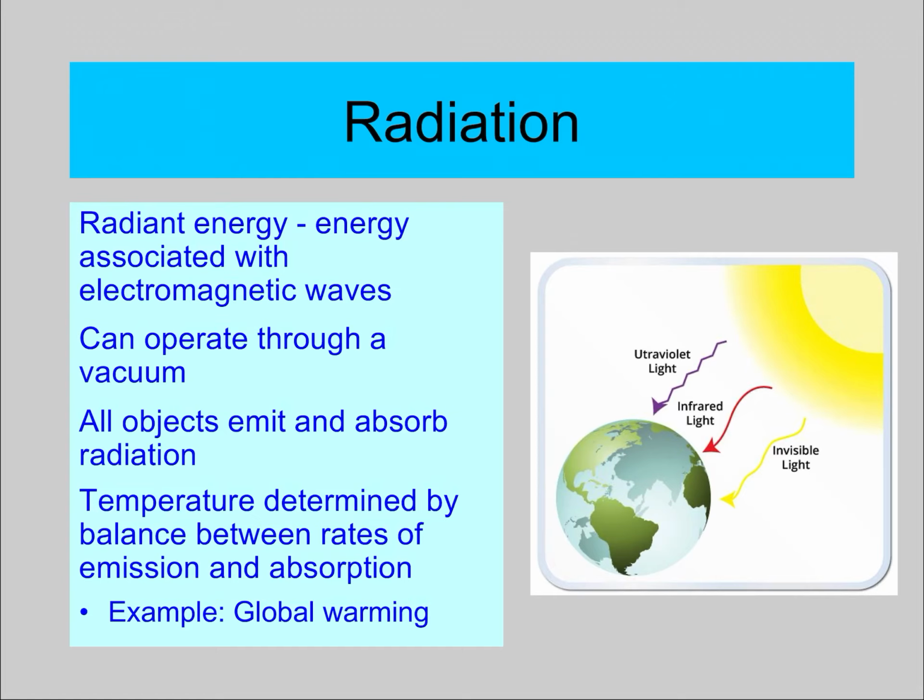Also, what happens is when you have things like the hole in the ozone layer, which allows a lot more of the radiation to come in, it's going to be essentially a higher level of absorption and not so much emission. So when radiation comes in to the earth, it also leaves. It doesn't always stay here, but right now the balance is a little bit different. We're kind of holding on to some of our radiation because of smog and pollution and things like that that are man-made.